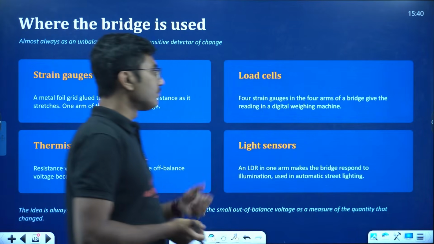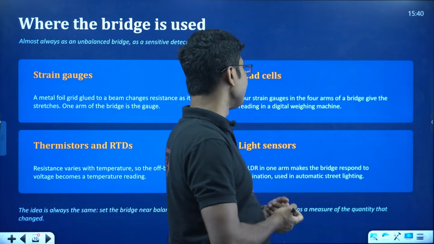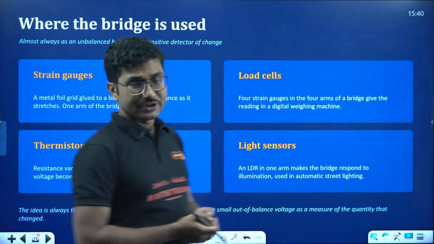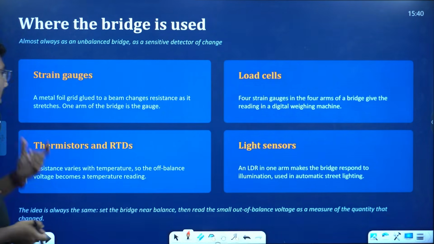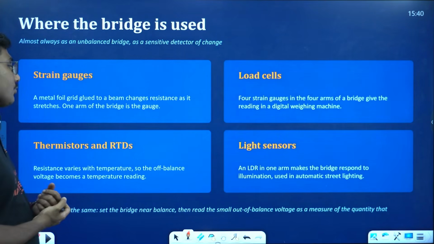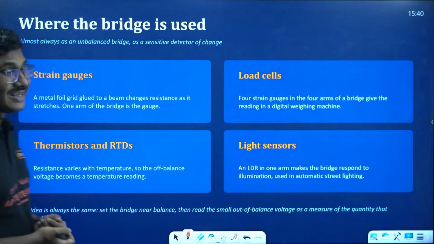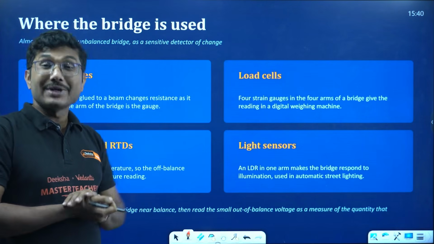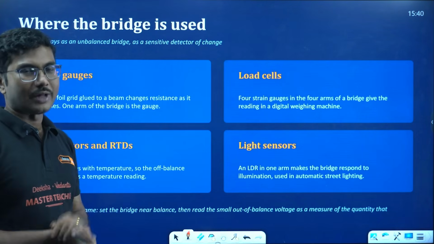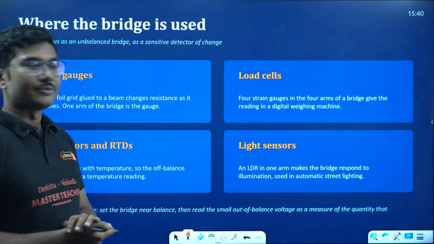Load cells: four strain gauges in the four arms of the bridge give the reading of a digital weighing machine. Thermistors and RTDs: resistance varies with temperature, so off-balance voltage becomes a temperature reading. So you can measure temperature using changing resistances with a Wheatstone bridge.